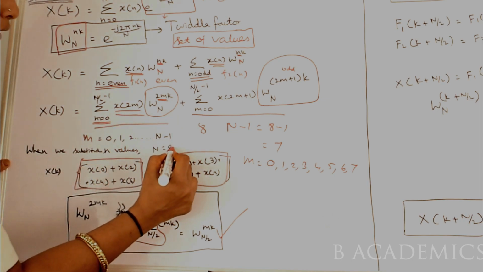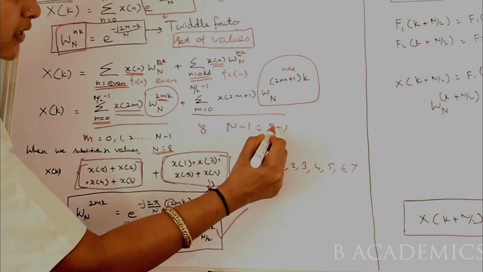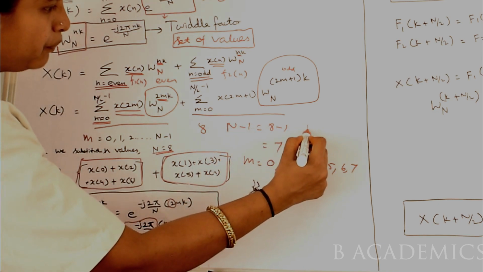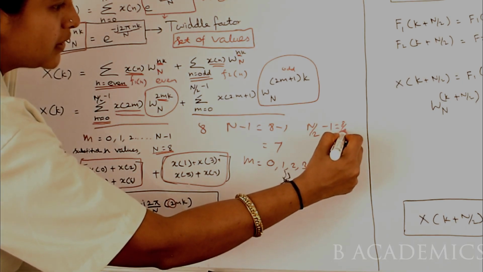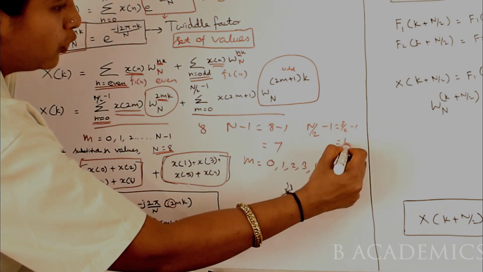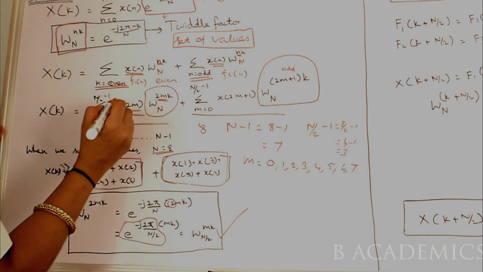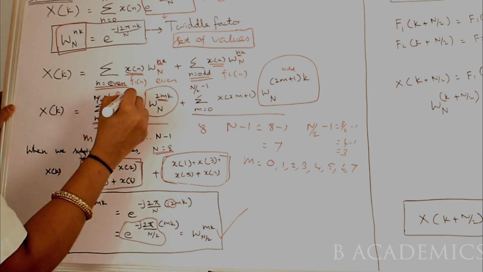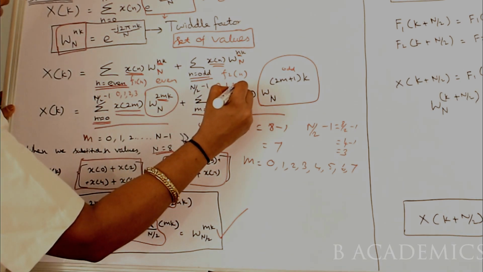Okay, so here you are considering N is equal to 8. So N minus 1 is 8 minus 1, which is 7, and N by 2 minus 1 is 8 by 2 minus 1, which is 4 minus 1, that is 3. For this you will have 0, 1, 2, 3. And for this you will have 0, 1, 2, 3.